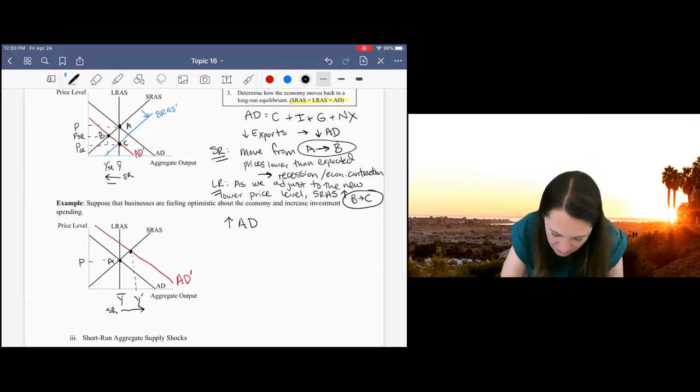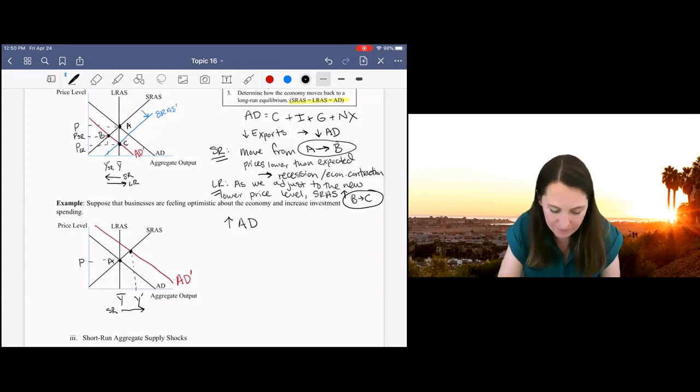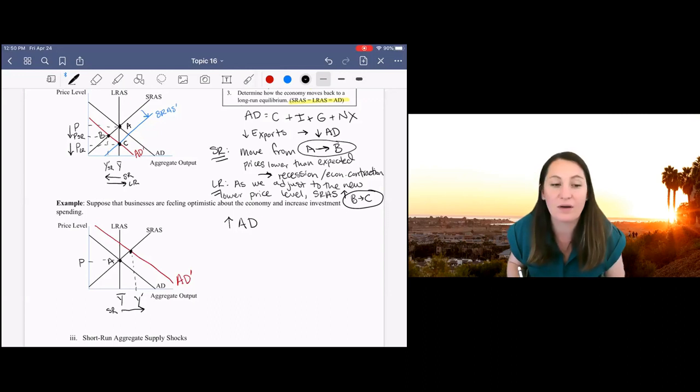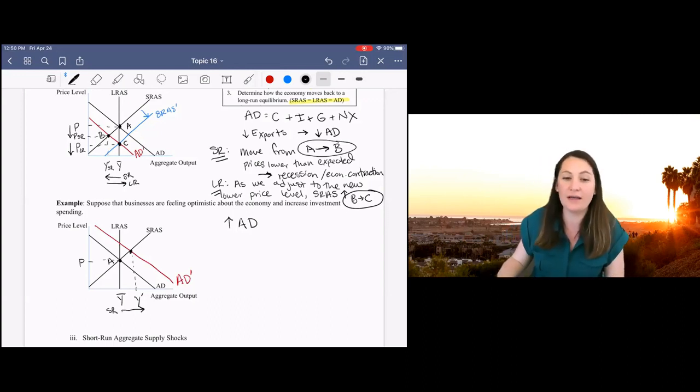I should do this. Just label here what's happening, short run, long run changes. Okay, I'm gonna have an increase in output in the short run.